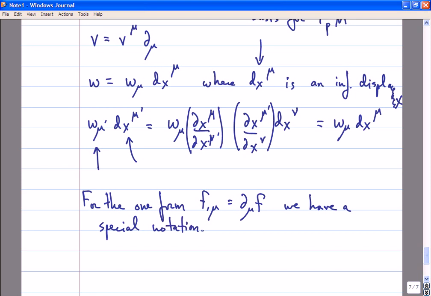This one form can be written in index-free notation as d mu f dx mu, or df by dx mu dx mu. The special notation is the obvious one where we cancel dx mu by dx mu and just write this as df.